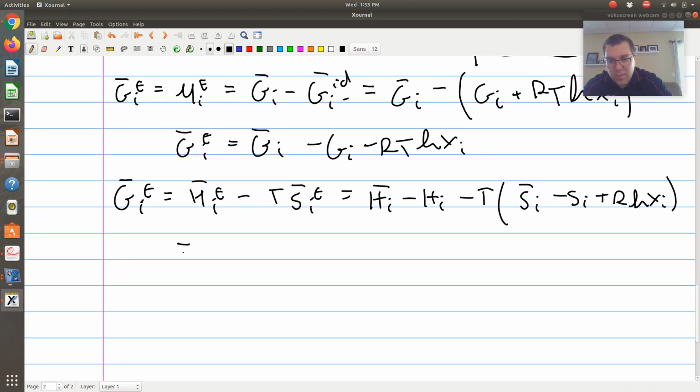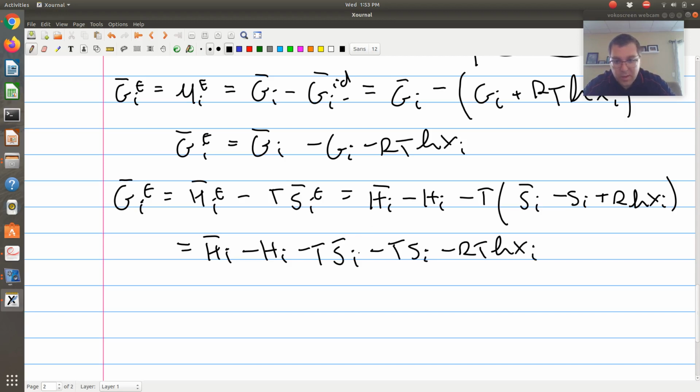So minus Si plus R log xi, since the signs are going to change. If I expand, I have H bar i minus Hi minus T S bar i minus T Si minus RT log xi. So H bar i minus T S bar i is G bar i. This is minus minus, this should have been plus.